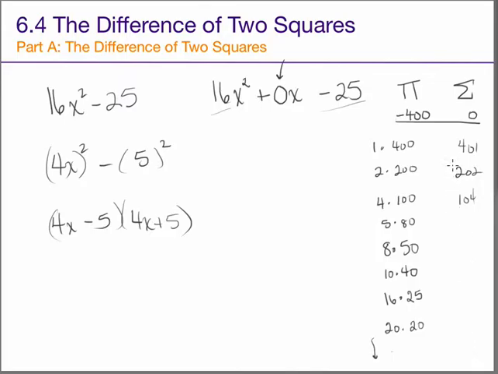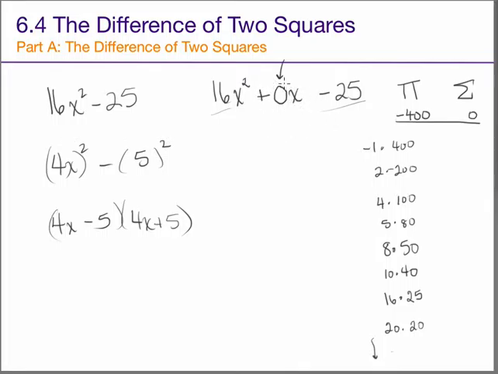There's another caveat here, I'm afraid. We're looking for a product that's negative, so I need either a negative times a positive or a positive times a negative. In this case, I don't know if you've noticed, but it's not going to matter. There are a couple of places here where I might have taken a shortcut.